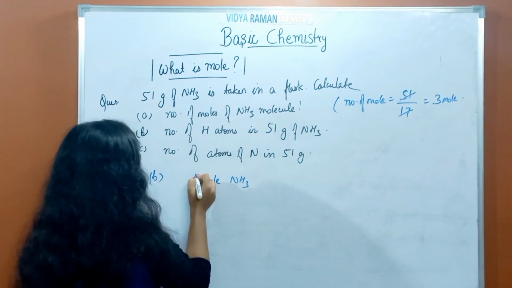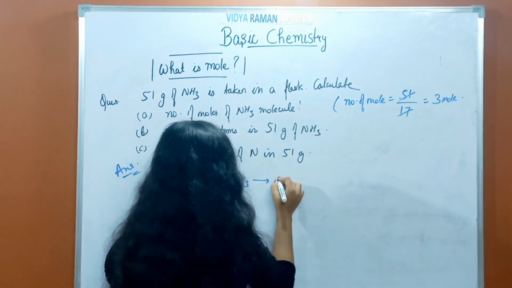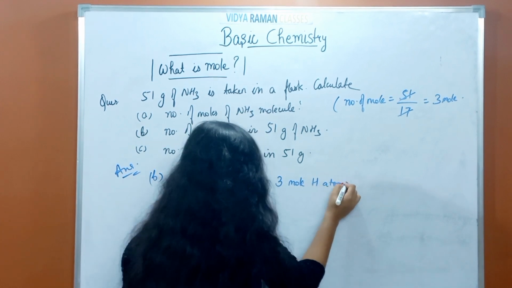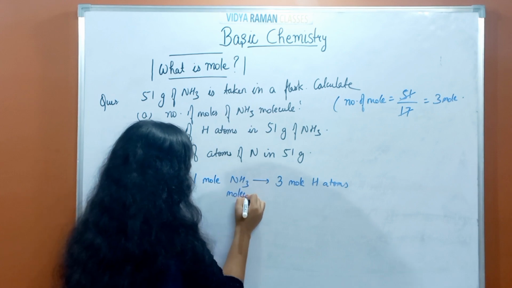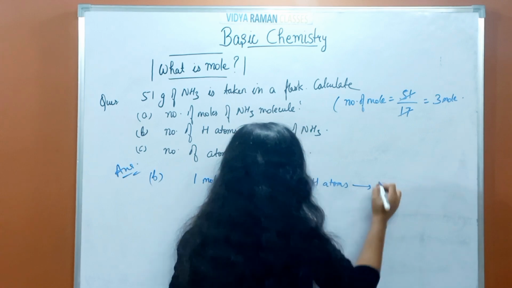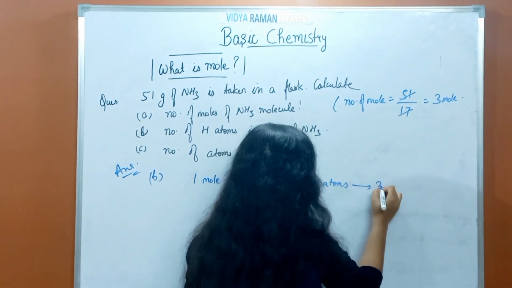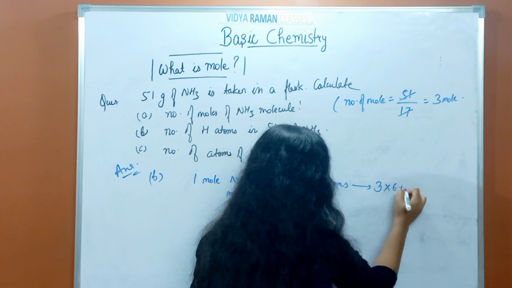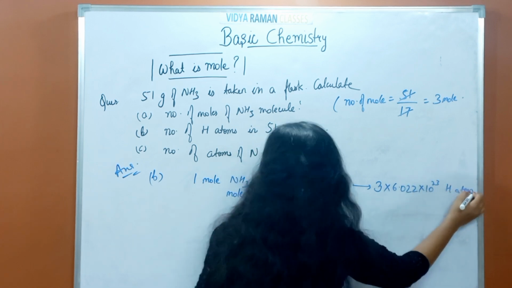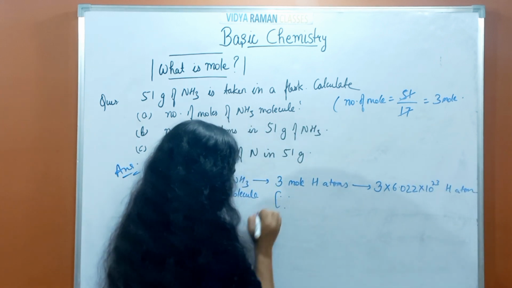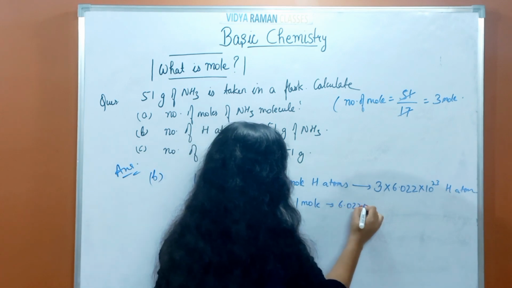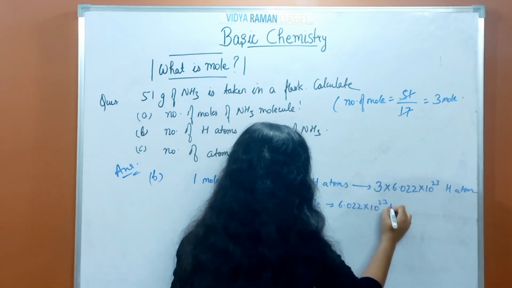See, first of all, 1 mole NH3 contains 3 mole hydrogen atoms, right? 1 mole NH3 molecule contains 3 mole hydrogen atoms, and 3 mole hydrogen atoms means 3 into 6.022 into 10 to the power 23 hydrogen atoms, because 1 mole is containing 6.022 into 10 to the power 23 hydrogen atom.